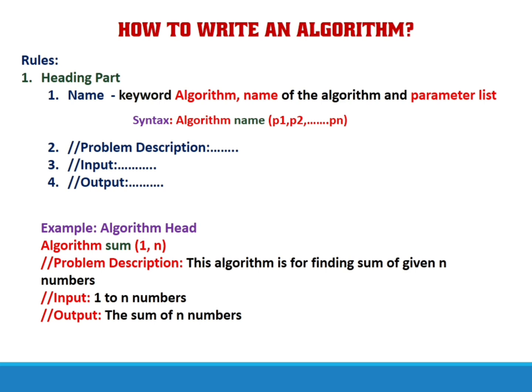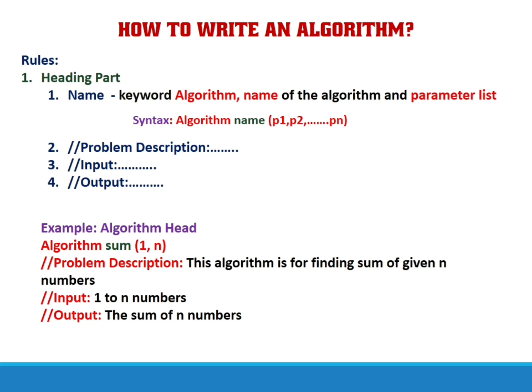The keyword should be mentioned before the name of the algorithm, and then the algorithm name is denoted as sum, because the problem is the sum of n numbers. After that the parameters are included within the parenthesis, that is, from 1 to n you have to find the sum, so it is included within the parenthesis.